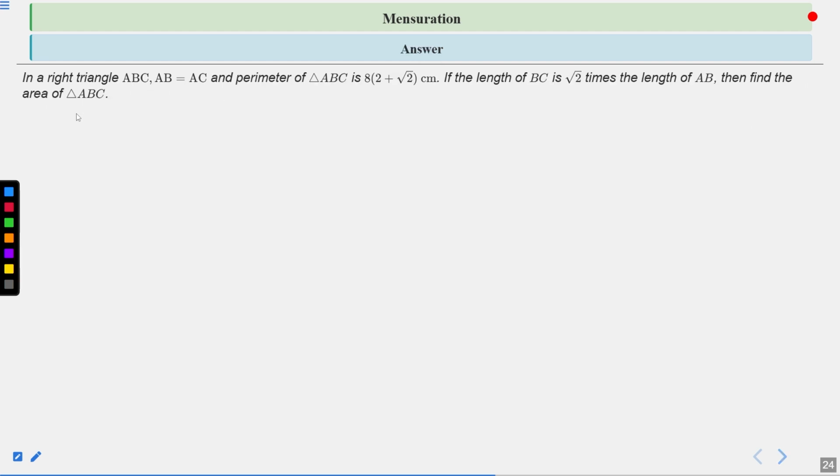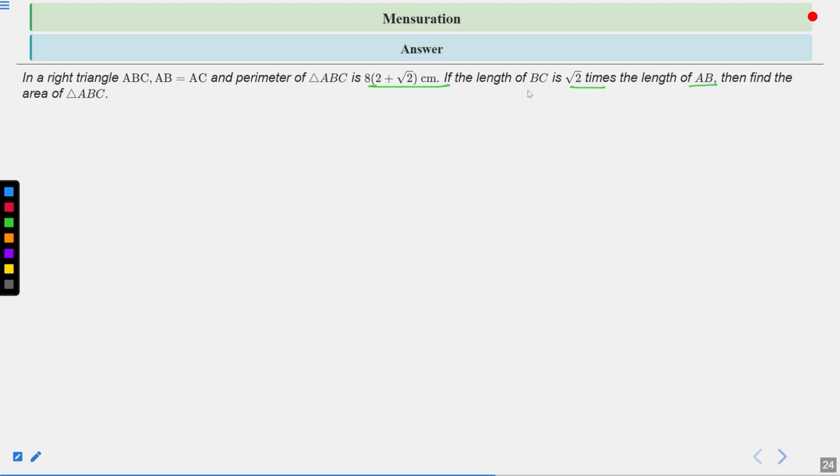So the question says that in a right angle triangle, two sides are equal, AB equals AC. So it means the triangle is an isosceles triangle, and the perimeter of triangle ABC is given, which is 8 into (2 plus root 2) centimeter. Now the question says that the length of BC is root 2 times the length of AB.